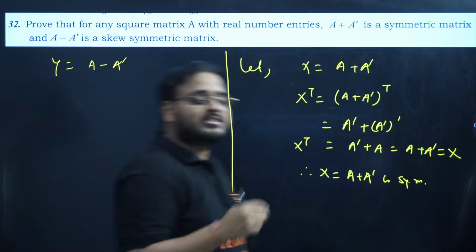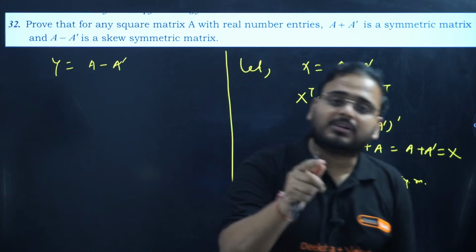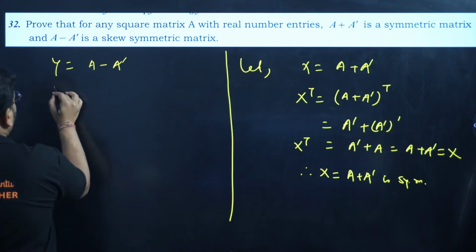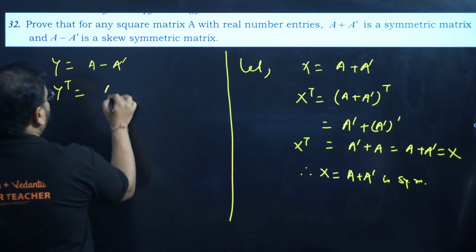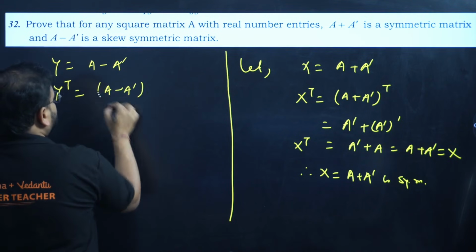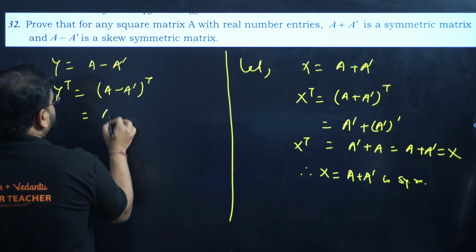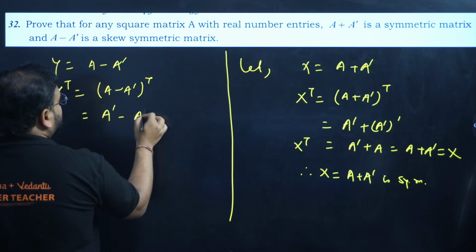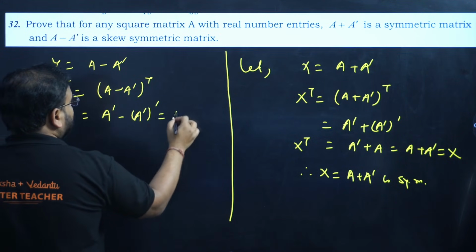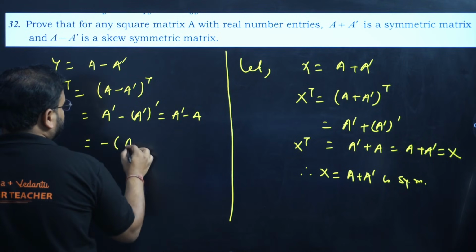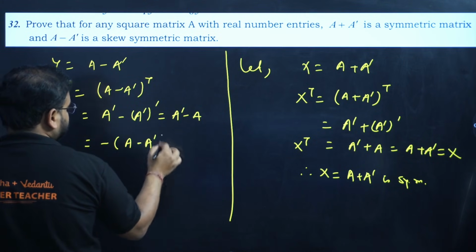What's the definition of skew symmetric matrix? Transpose equal to negative of the matrix. Okay, we'll try this now. So we'll take Y transpose equals A minus A transpose, the transpose. So I'll get here A transpose minus A transpose the transpose, which gives me A transpose minus A. Take minus sign common, you'll have A minus A transpose.